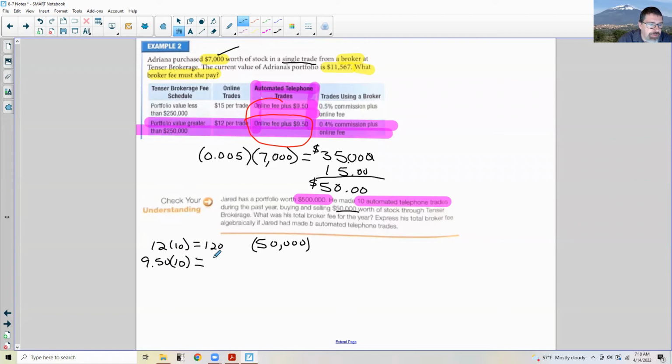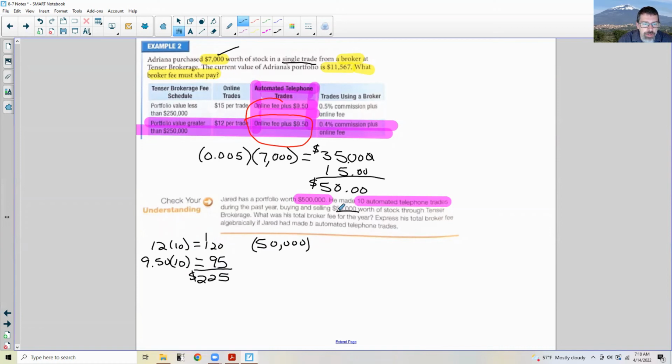So $9.50 times 10 is $95. When I add these, I get $225. Okay, so the money he spent on the shares doesn't matter for this question. It's just asking how much his broker fees were. And for the year on 10 trades, it was $225.